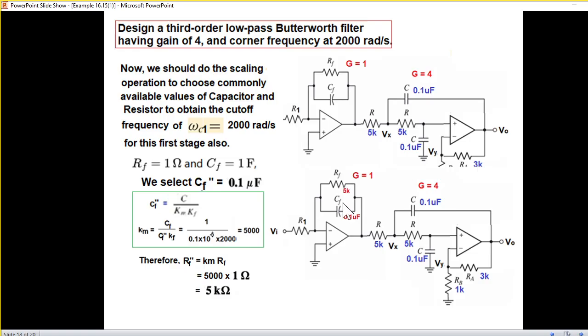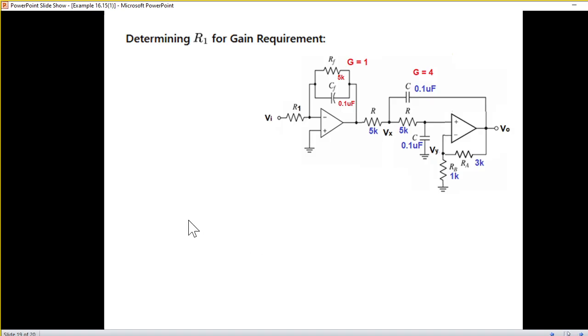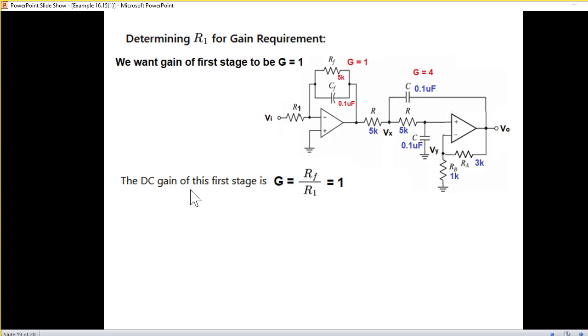Now remember, this sets the frequency, not the amplitude. To determine R1 for gain requirement, we want the gain of the first stage to be 1. The gain of an inverting filter is actually negative RF over R1. But since we are only taking magnitude, it will be RF over R1.